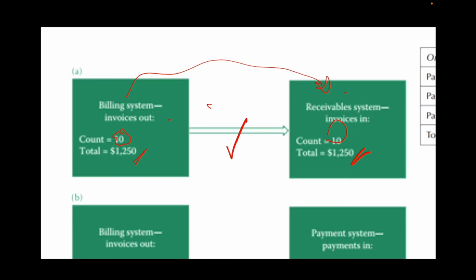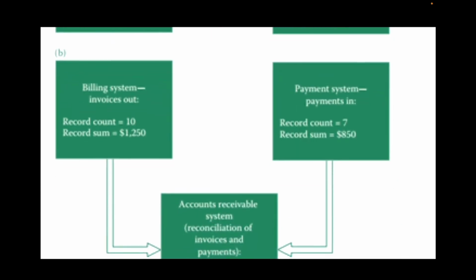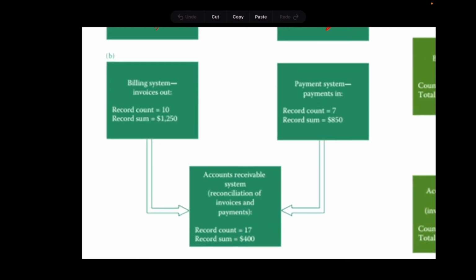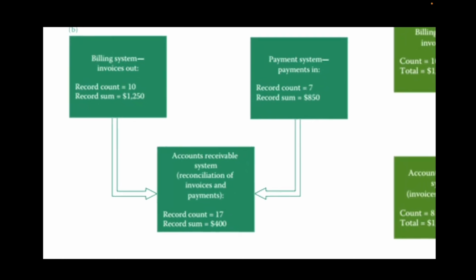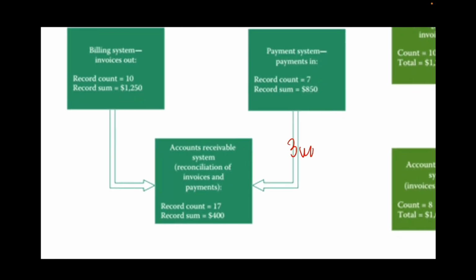So in part B, this is what we call yung three-way matching. So record count 10 from the billing system, record count from the payment 7.